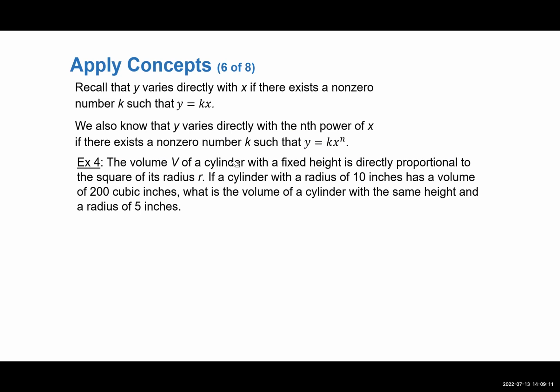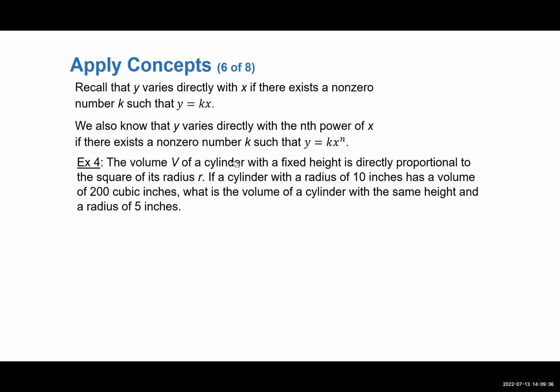Okay. Now let's do example 4, where we're going to apply this to an actual application problem. So recall that y varies directly with x if there exists a non-zero number k such that y equals kx. We talked about this right after we talked about linear functions. So k is very much just the slope, and this thing goes through the origin.